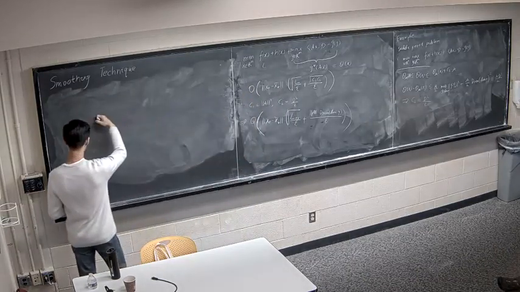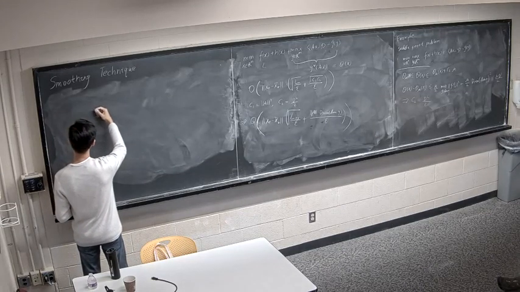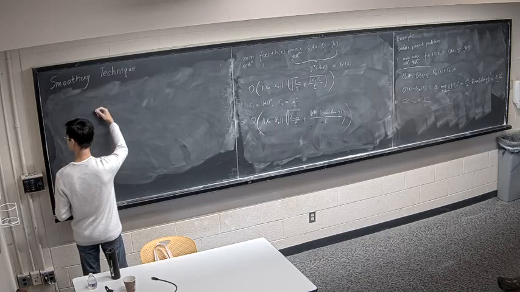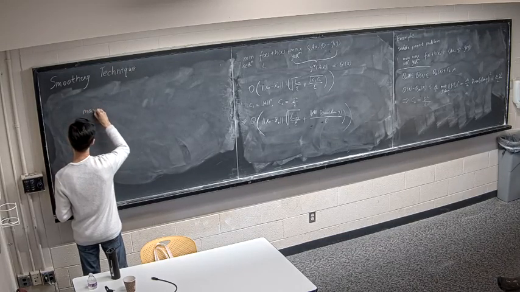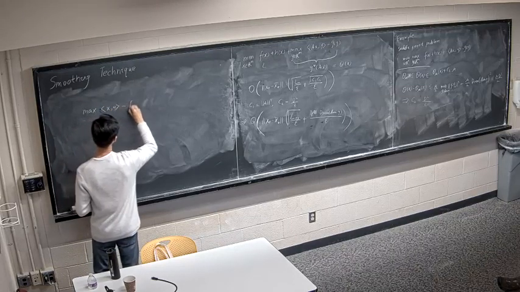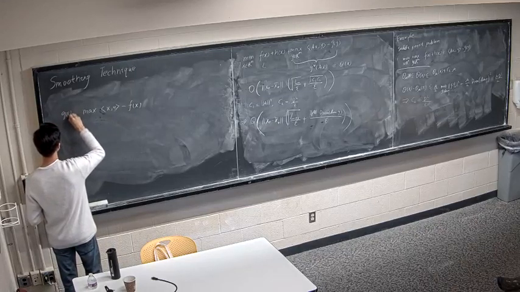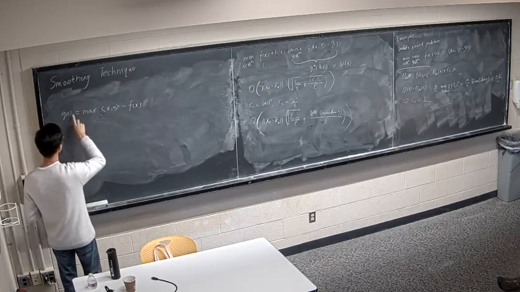So assuming that you originally have this function, let's call it gx. Gx is the g of y.